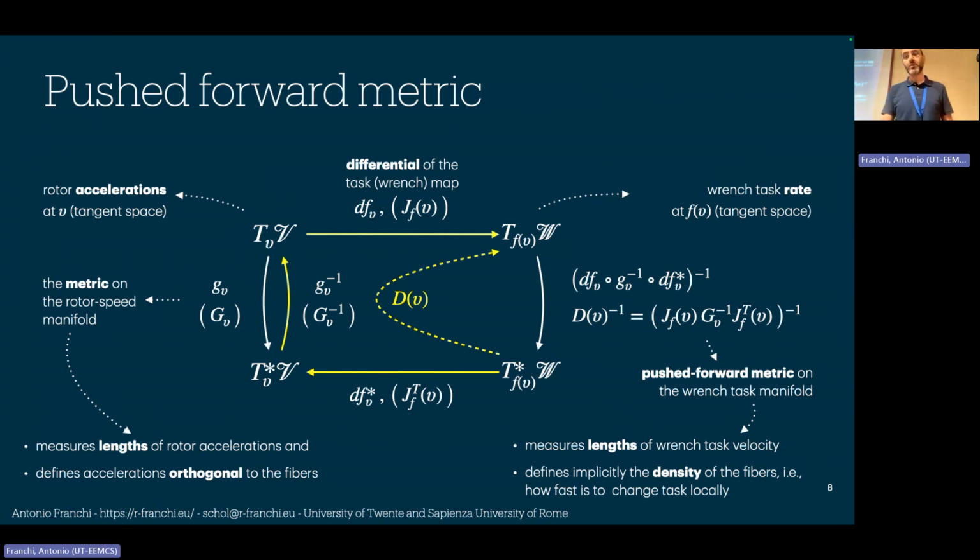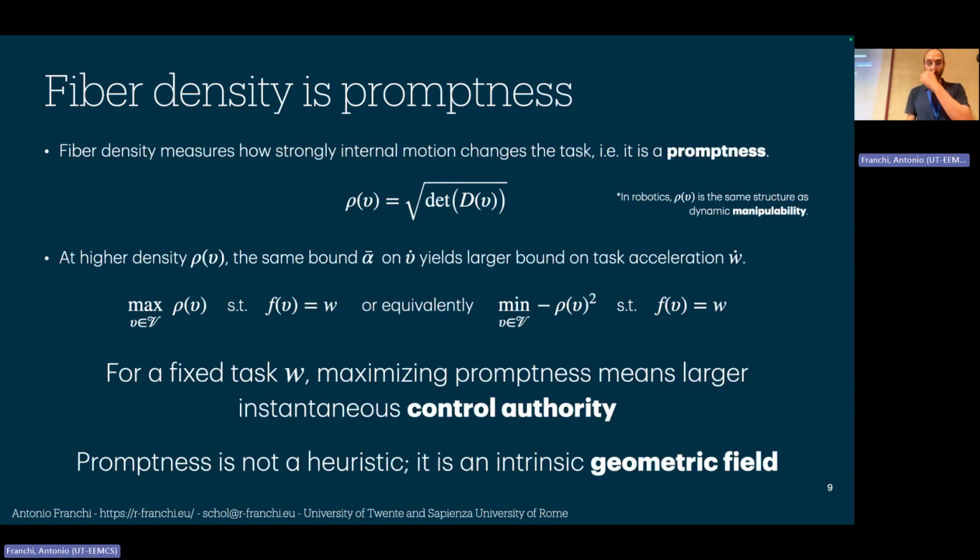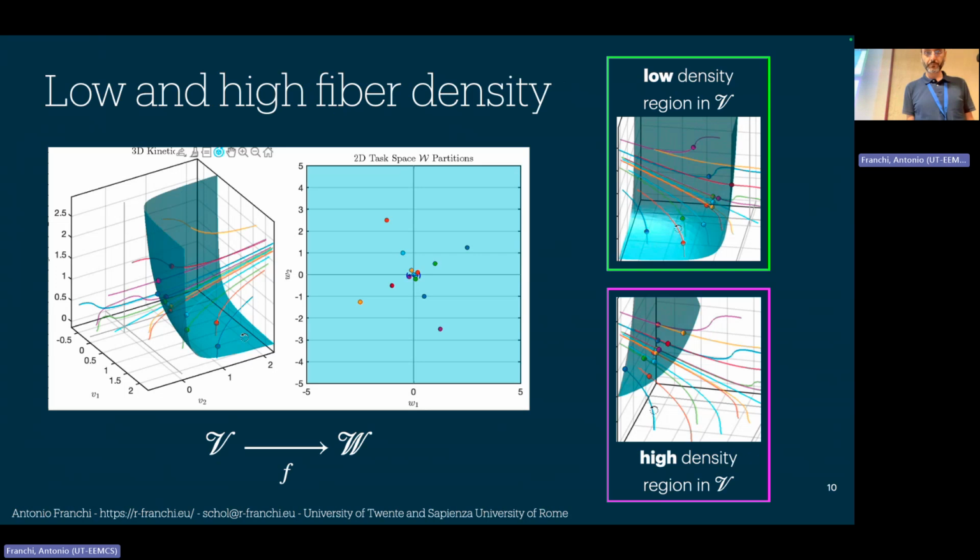So it's really the merging of these two concepts, the metric and the geometry. And this is a geometric field. You have this density, it's a geometric field. The higher rho, this density, the better the promptness.